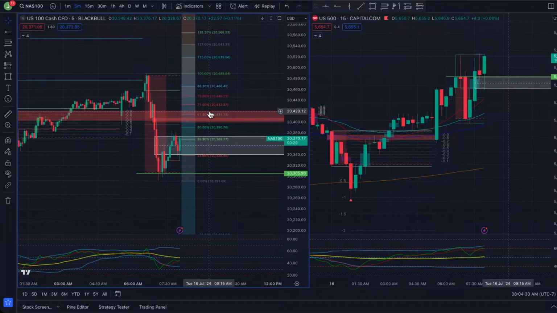Now it's driving a little higher in that fair value gap. We want to see it break that zone. US 500 just broke the previous highs again.